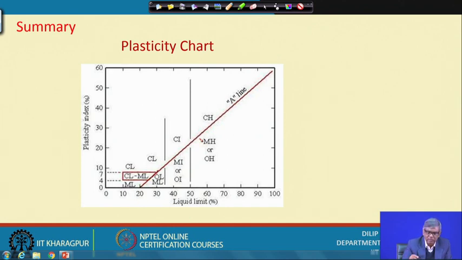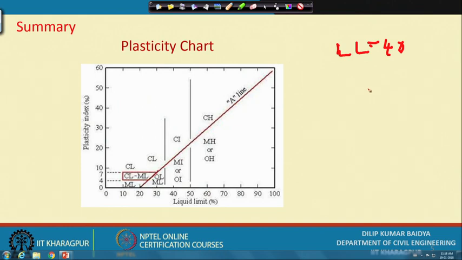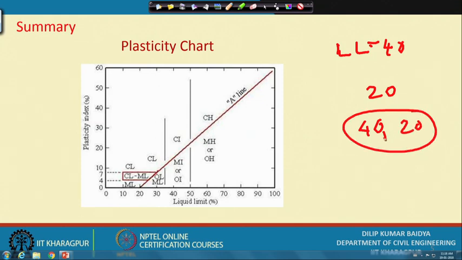If the particular soil has a liquid limit equal to 40 and a plasticity index, PI, equal to 20, then I will put 40 here and 20 here. So, it will come somewhere here.